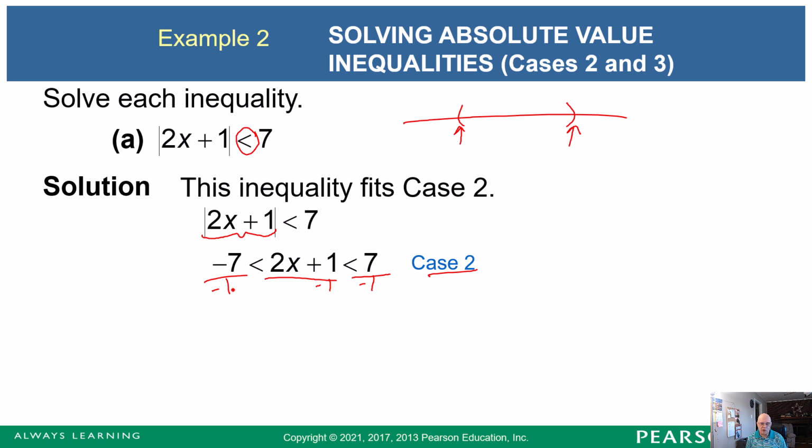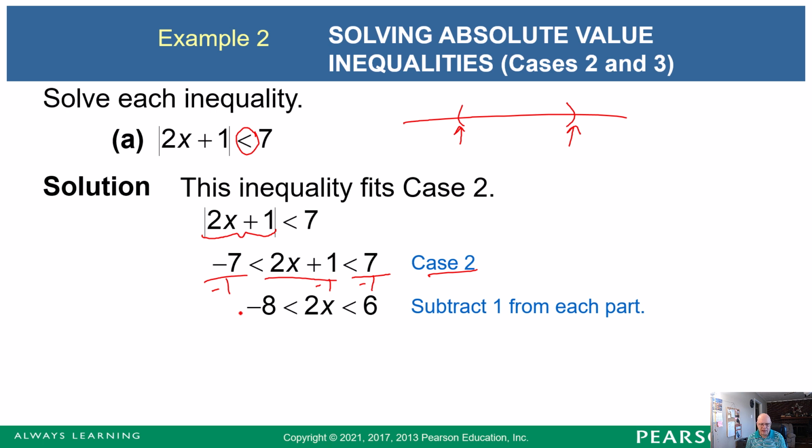Now, because you're subtracting or adding a -1, these inequalities are going to stay in the same direction. Don't change them. Then you'll get this, -8 less than 2x less than 6. What's next? Well, if you're working an equation, you want 2x to change into an x, divide by 2.